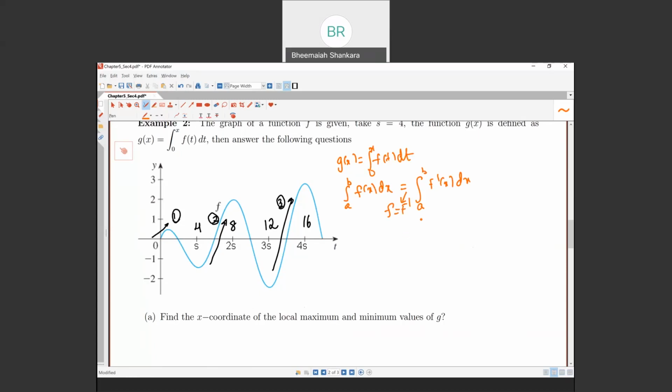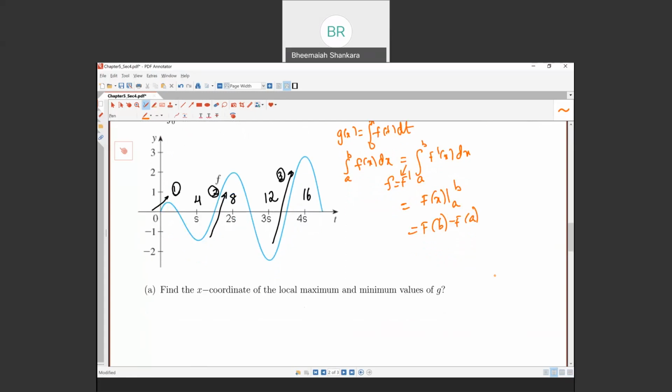Then the integration of F prime is capital F evaluated from a to b. So this is F(b) minus F(a). So we have used the definition that F prime equals f. So the integral of F prime will be small f.